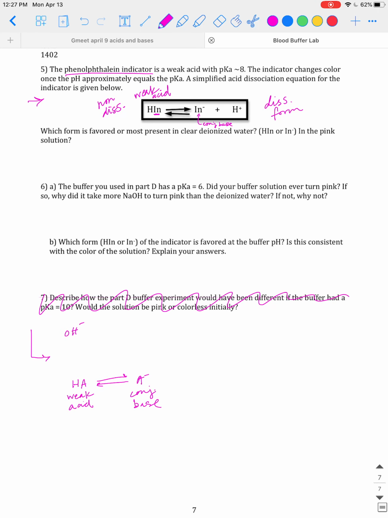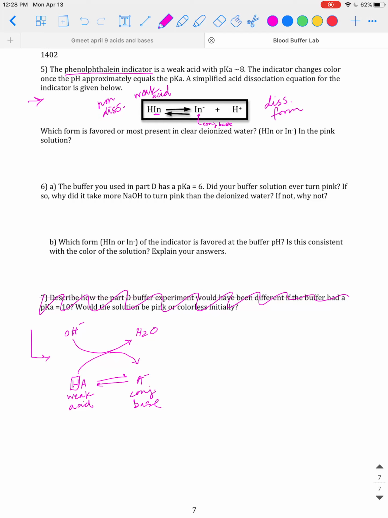Remember I walked us through this: if we add a base, a base would threaten to increase pH. Well, we know a buffer wants to keep pH close to its pKa. So if a base is added and pH starts to rise, the weak acid is going to dissociate. It gives its H plus to OH minus, and they make water, which does not affect pH.